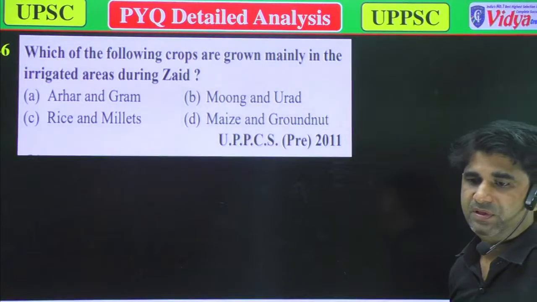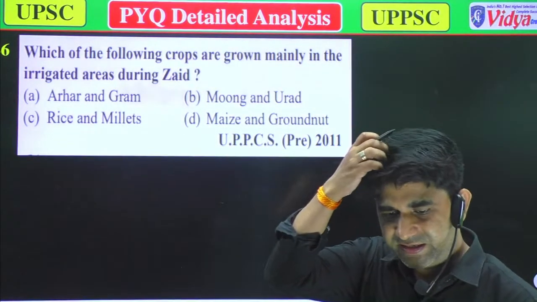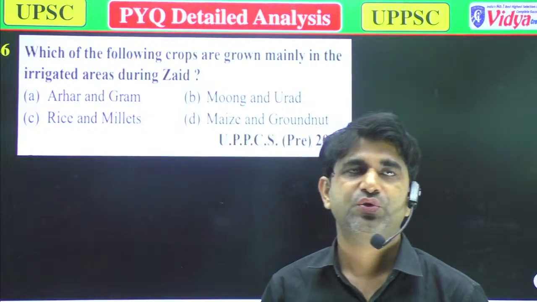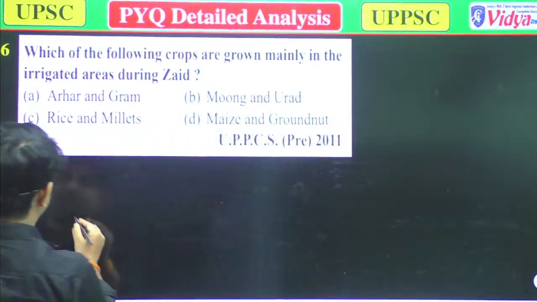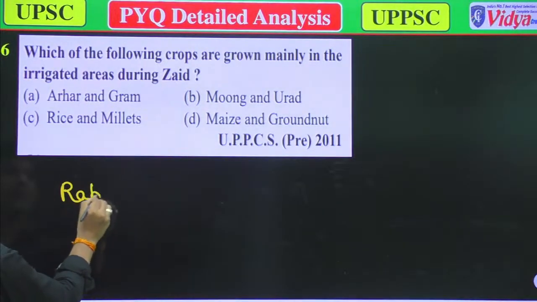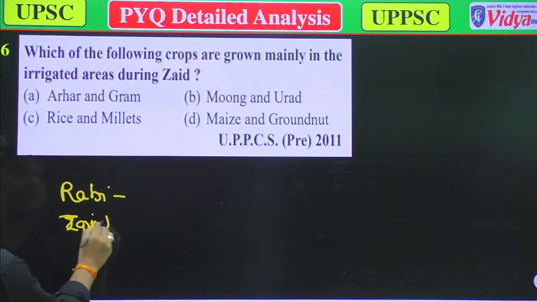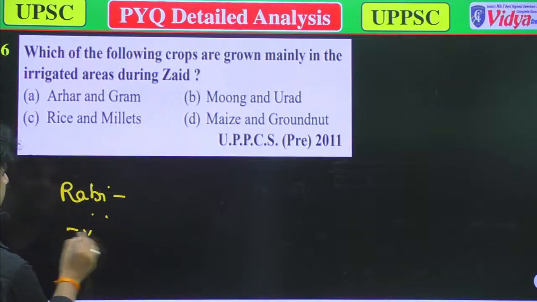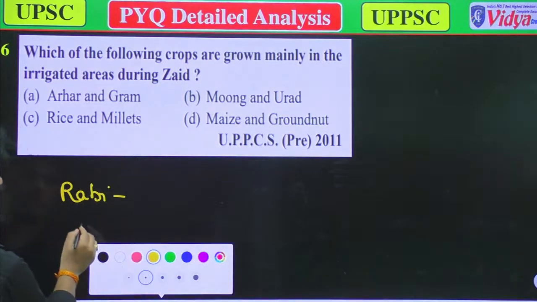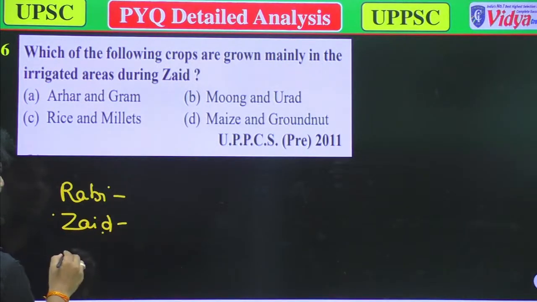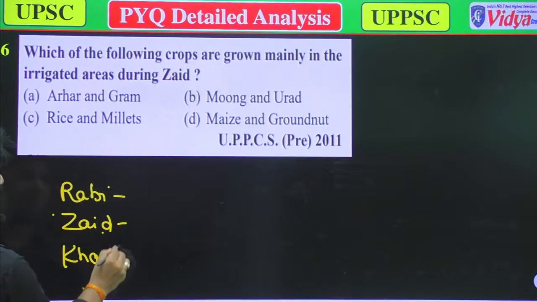In the previous classes we have discussed the three main crop seasons, that is Rabi, Zaid, and Kharif.